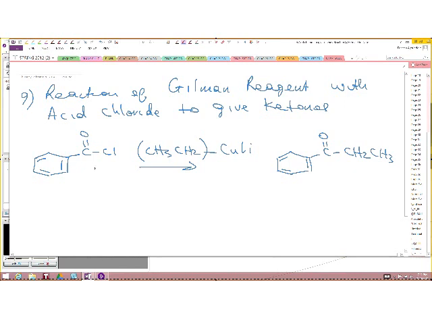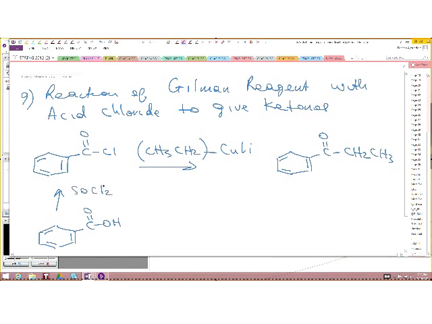Now, of course, the question is, how do we make the acid chloride itself? The acid chloride could come from a carboxylic acid, for example, this here reacting with thionyl chloride, SOCl2.